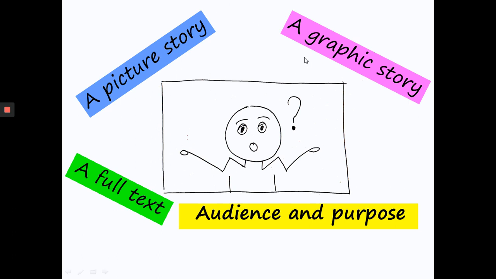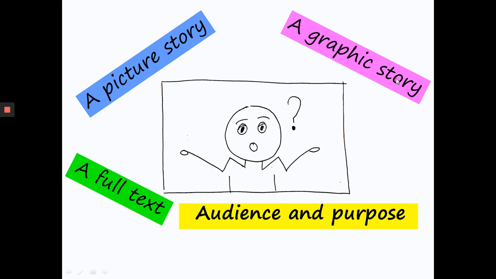With a graphic story, now here you are going to do your story with pictures and with text, all right? It's a bit like a comic strip style. Now, going back to the picture story, let's just talk about the audience as well. So this will be for your younger readers. If you are choosing younger readers for your story, then go for that.